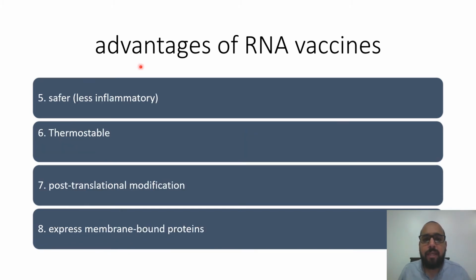They are generally safer and less inflammatory. They can be quite thermostable. They enable post-translational modification, so the specific glycosylation patterns that are found in mammalian cells, because they are made in the human cells, as well as the ability to express membrane-bound proteins.